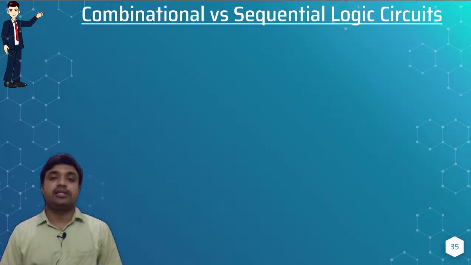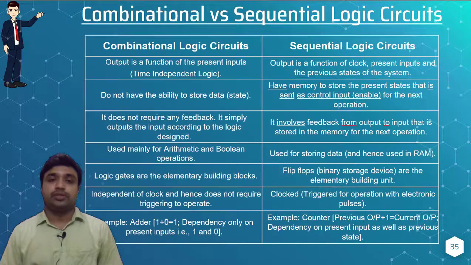Let's see the differences between combinational and sequential circuits. We have some specific differences. The first difference: under the combinational logic circuit, the output is a function of the present input. It is already discussed that it is considered to be a time independent logic. Whereas for a sequential logic circuit, the output is a function of clock, present inputs, and the previous states of the system.